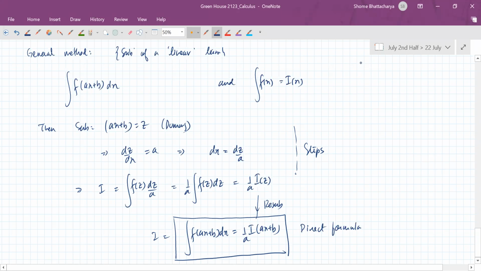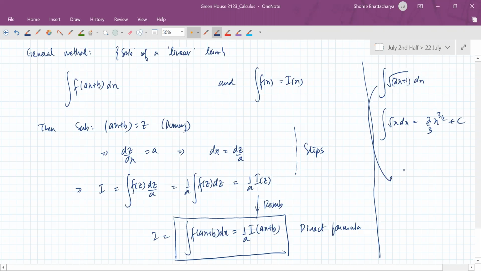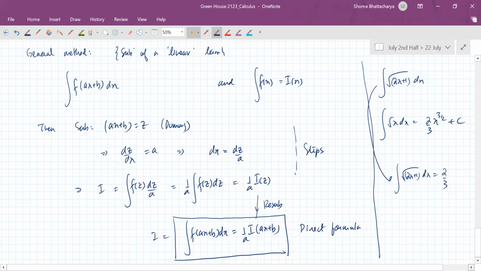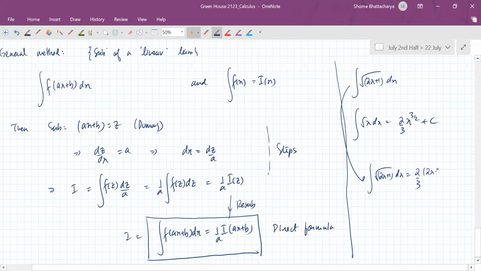So how could we have used this as a direct formula in the previous question? We have integration of square root of 2x plus 1 dx. Now we know integration of root x is 2 by 3 x to the power 3 by 2 plus c. So when we apply this formula, integration of 2x plus 1 to the power half will become 2 by 3, now replace x with 2x plus 1.